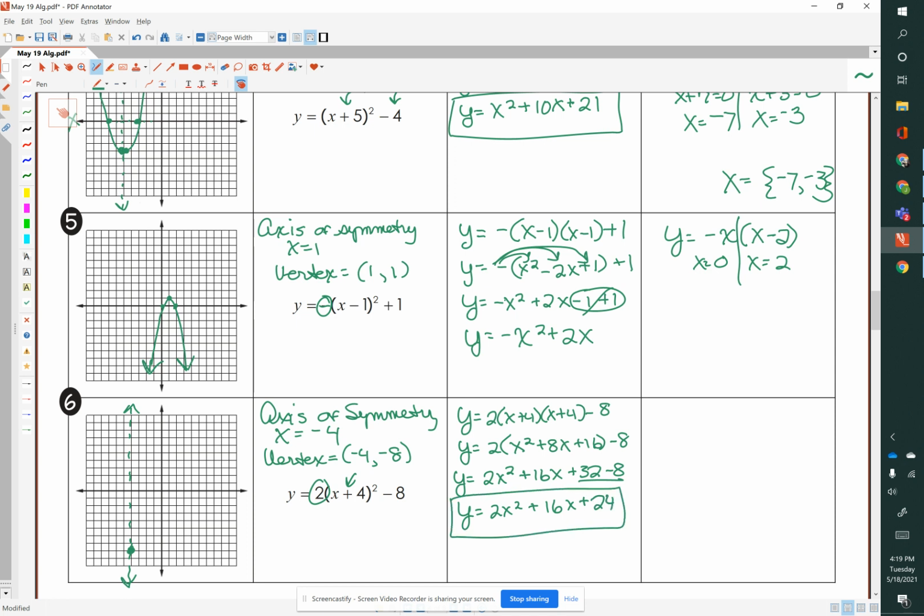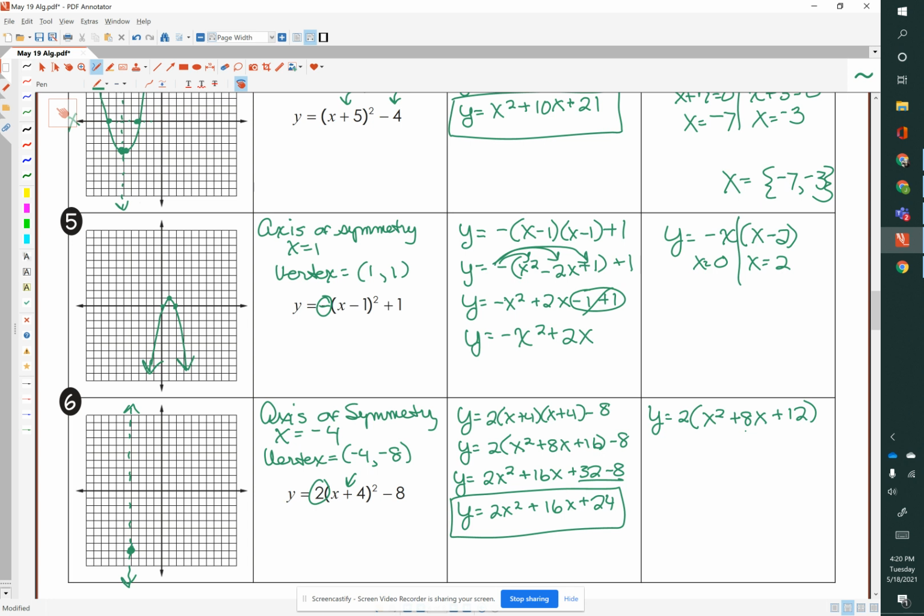There's our standard form. Now we need two numbers that, well, we can factor this first. Let's factor out the 2. y equals 2 times the quantity x squared plus 8x plus 12, okay?